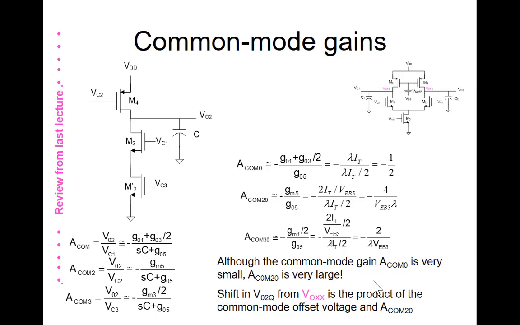Those common mode gains are entirely different. It makes a big difference, when we're doing common mode feedback for establishing the correct operating point, which one of those common mode gains we look at. The common mode gain from the signal input is usually very small. It has almost no bearing on the common mode feedback path. The common mode gain from the biasing points is much larger, and it's what determines the characteristics of the common mode feedback loop.